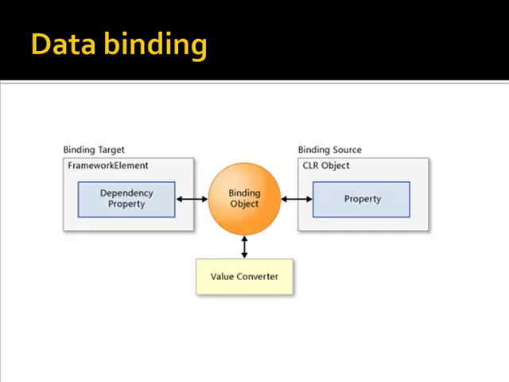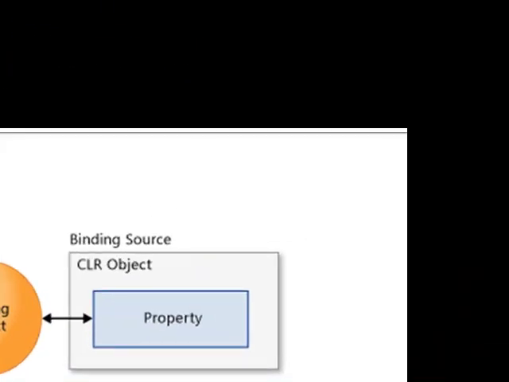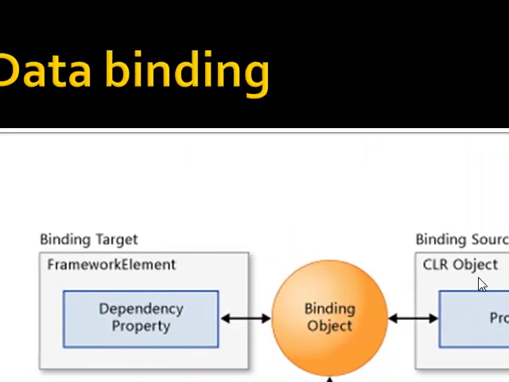If you look at this figure, you can easily understand that a source which is having some property like employee name, employee salary, with the object is going to get binded to the dependency property. Dependency property here is, if you take a text box, the dependency property of the text box is text.